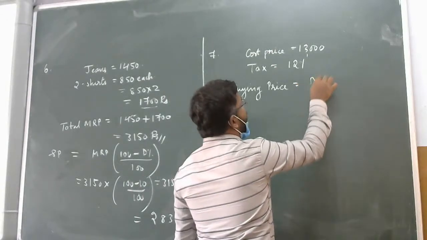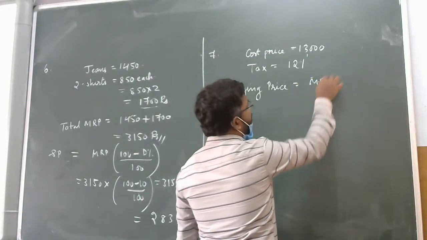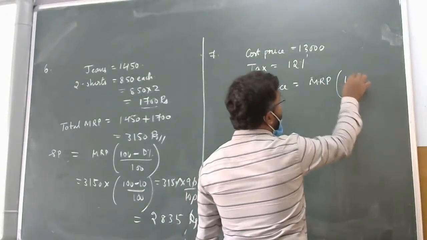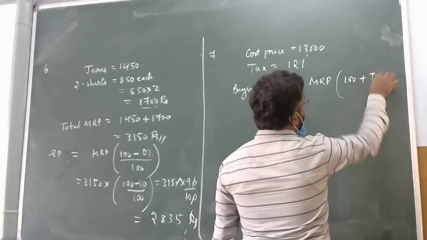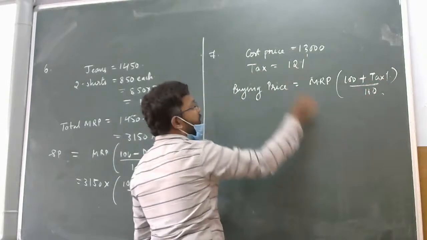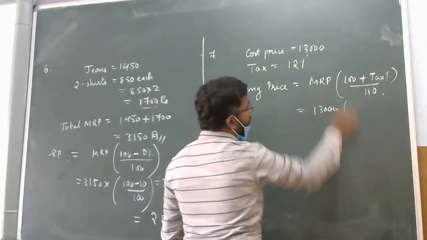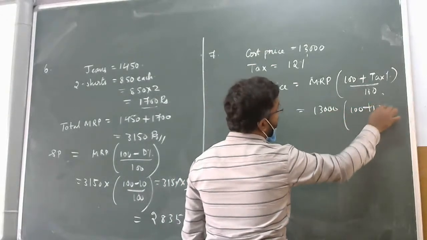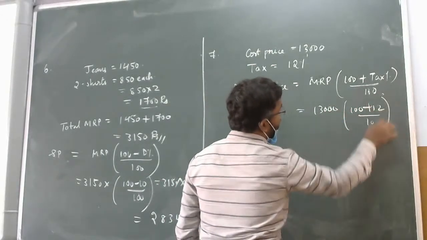So MRP or cost price into 100 plus tax percent divided by 100. Your cost price is 13,000 into 112 divided by 100.